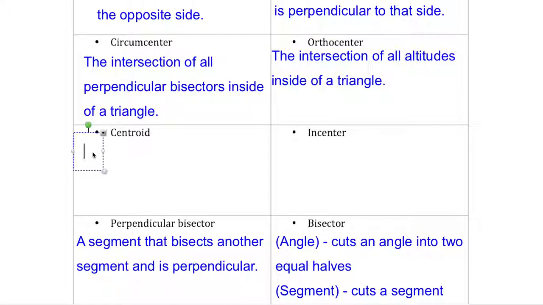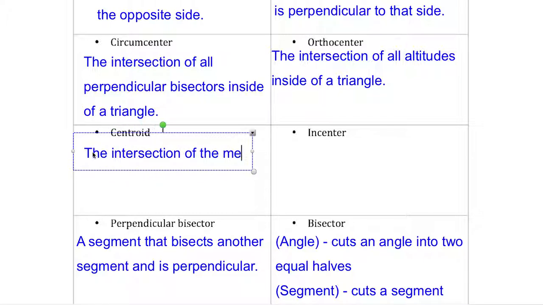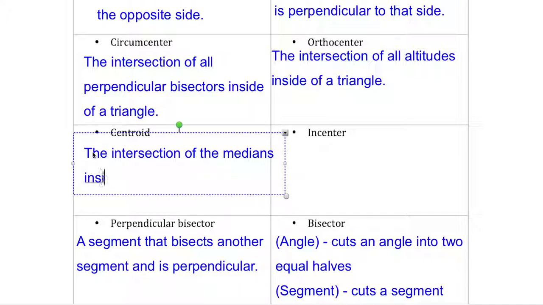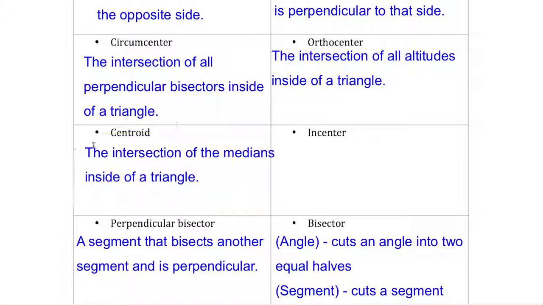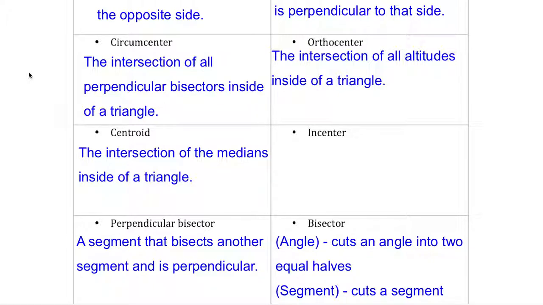The centroid is going to be the intersection of the medians inside of a triangle. So where the medians intersect, that's the centroid. Where the altitudes intersect, that's the orthocenter. And where the perpendicular bisectors intersect is the circumcenter.